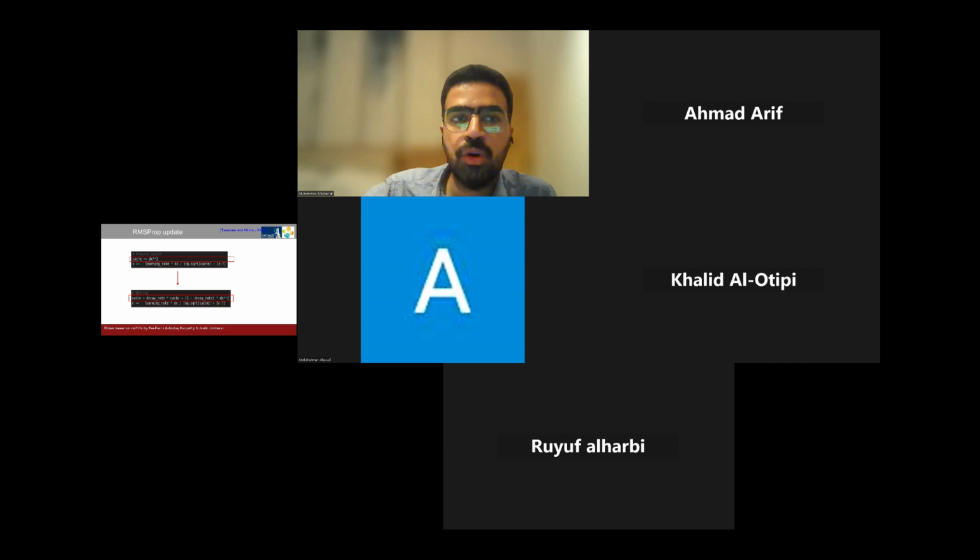So basically the only change is how we compute the cache. Here it was just the square of the gradient. Now it's multiplied with some decay rate. Okay.